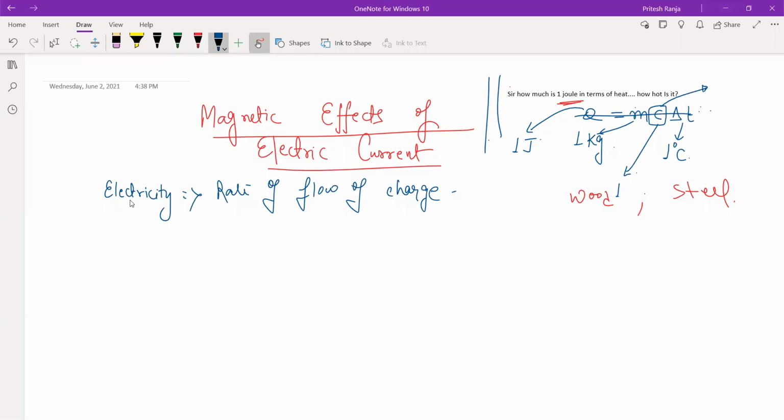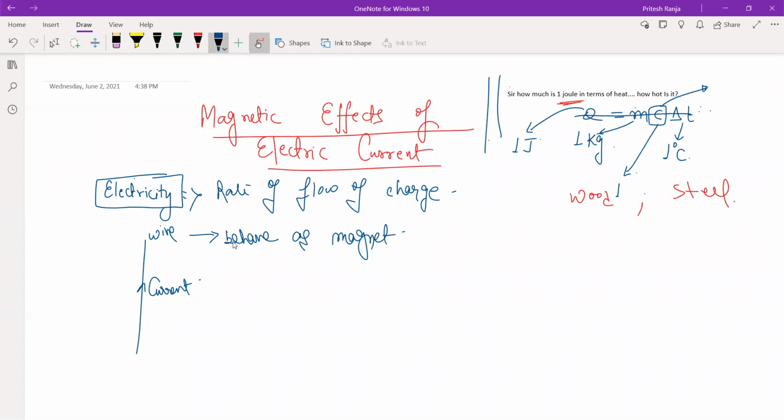If there is a wire carrying current, then this current carrying wire will behave as a magnet. This current carrying wire has the tendency to behave as a magnet, and this is what we will be exploring throughout. Before that, it's very important to analyze all about magnets.